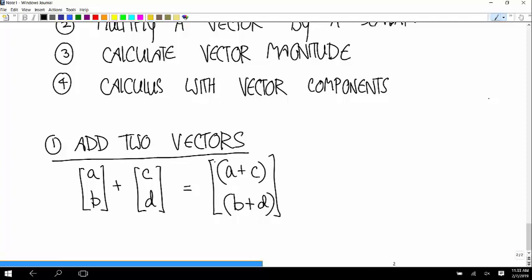So what we did in lab, this does the exact same thing. If you do it carefully with a straight edge and a protractor, and add these vectors and measure the new vector and its angle, its components are this.